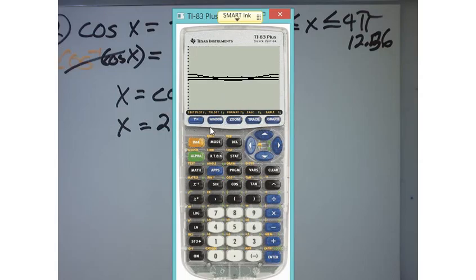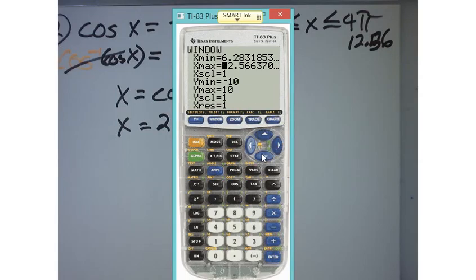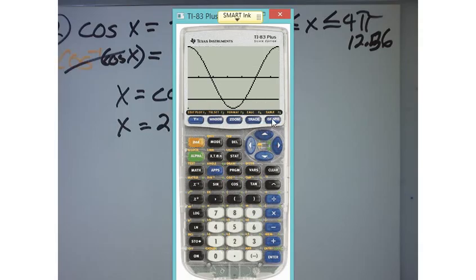Maybe I'll change my y, because that's a little big. I'm going to go from negative 1 to 1, and now we'll zoom in a little better. So we see that it only crosses 2 times. Now how do we find those values?